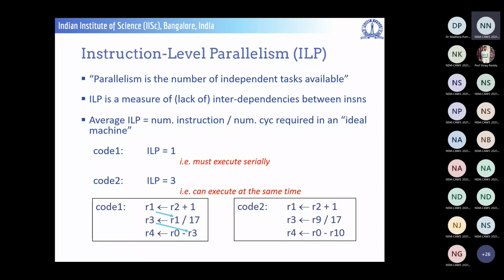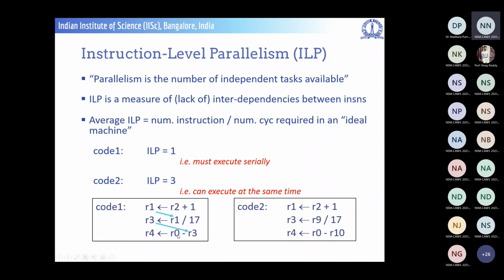Basically, it is the number of instructions that are back to back but independent of each other, which means that in an ideal machine, if you had all the resources you could wish for, they could have executed in parallel.